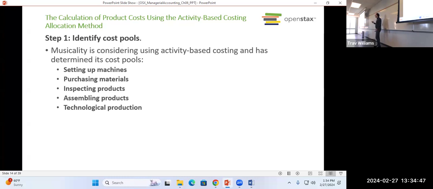So there are costs involved with purchasing. You might have costs associated with inspections of your products, with assembling your products, or with technology like machine hours, right? Machine hours is a traditional activity, but we will also see it used in activity-based costing.